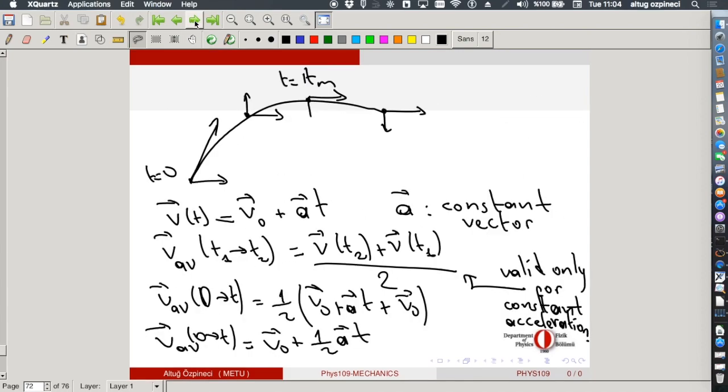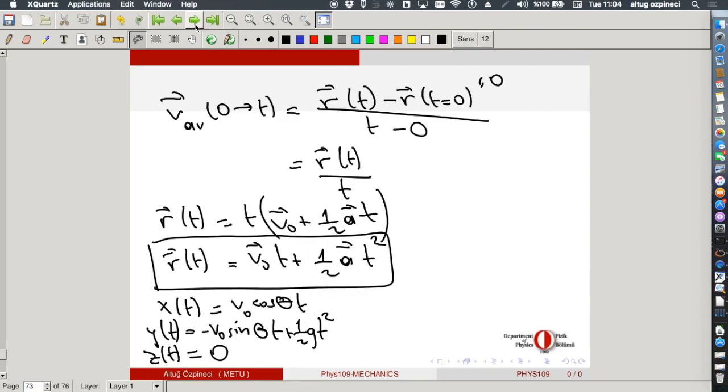Can I substitute 0 for r? Well, I cannot, because it will never be back to the 0 point. But the y component will be 0. That is what we mean by hitting the ground. That is the mathematical expression for hitting the ground. The y component is 0.